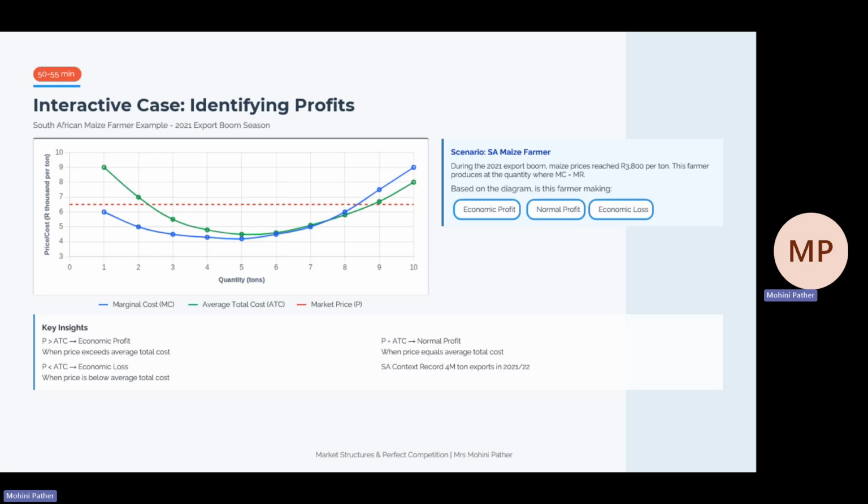But in a scenario where your average total cost is equal to your price, you are achieving a normal profit. Okay, that means that you are carrying no additional expenses and you're not making any extraordinary profits. Okay, you are covering all of your costs with the products that you are already producing.